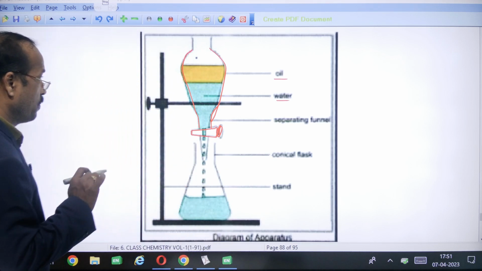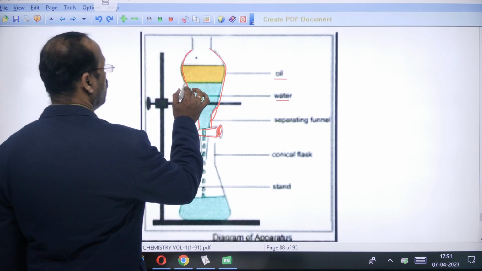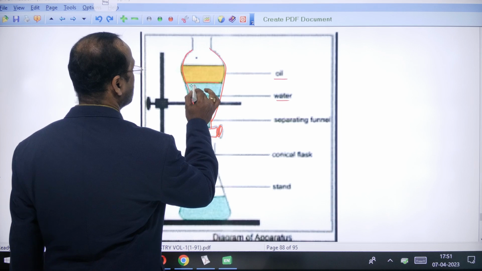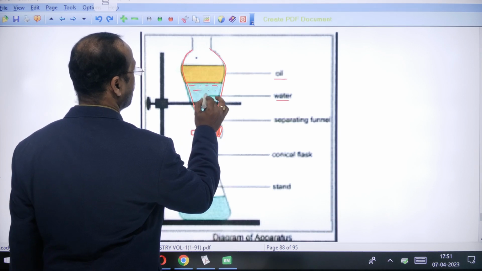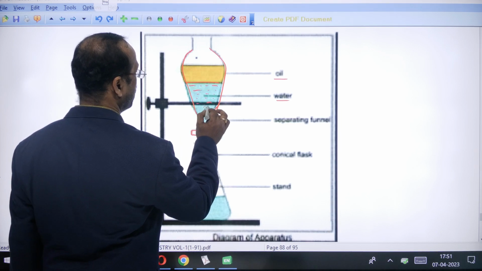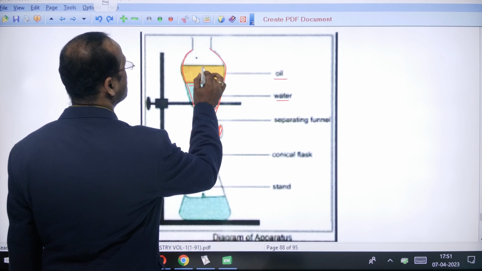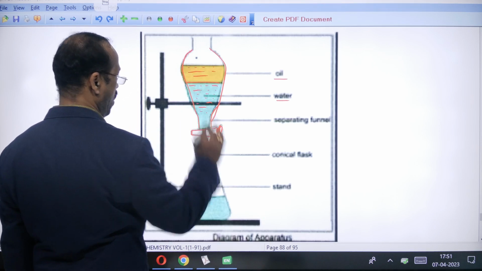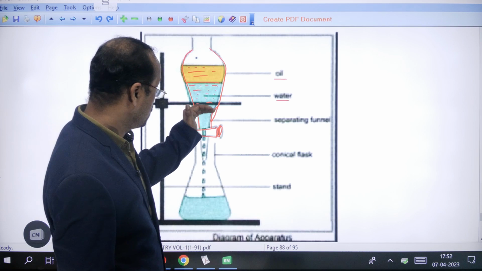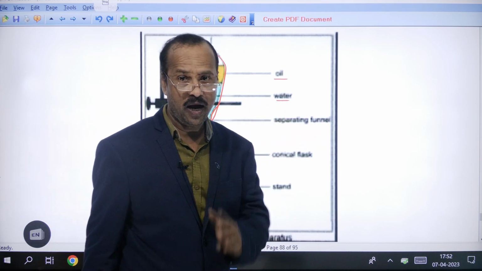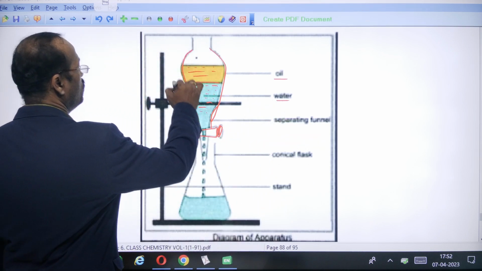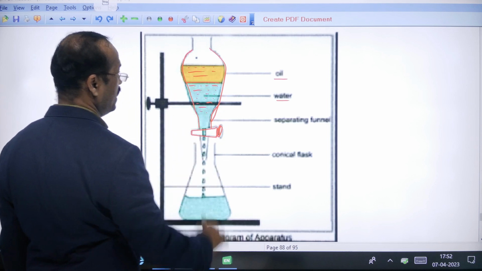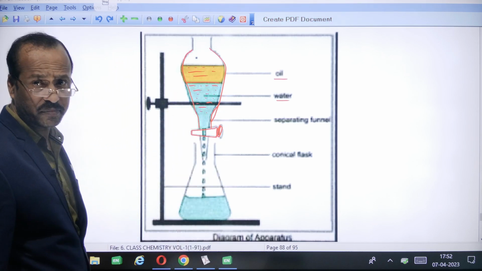If you wait for some time, you will observe that all the water comes down here, and this is the oil. So water comes down and oil moves up, right? This type of scene you can see in that separating funnel.